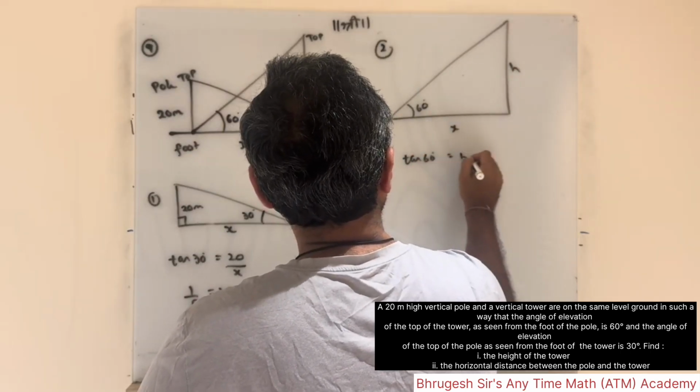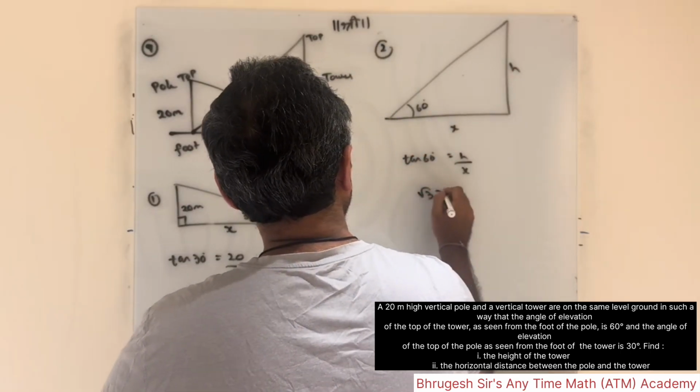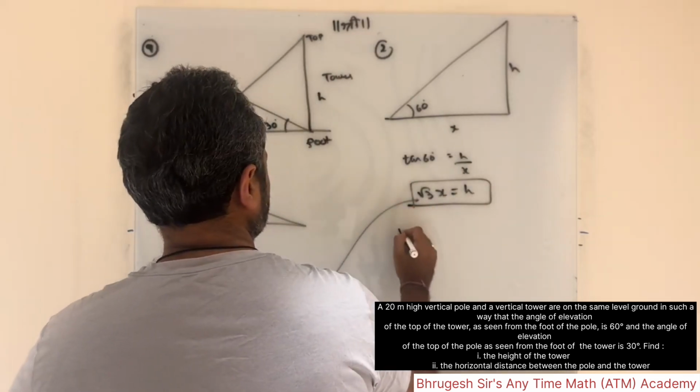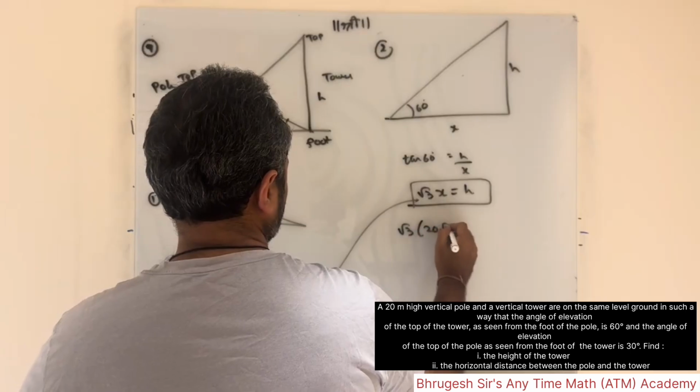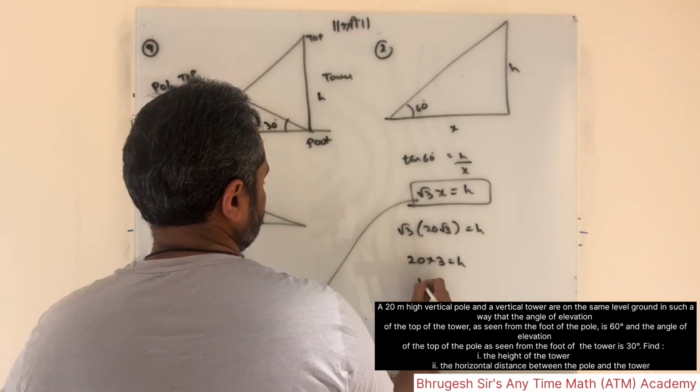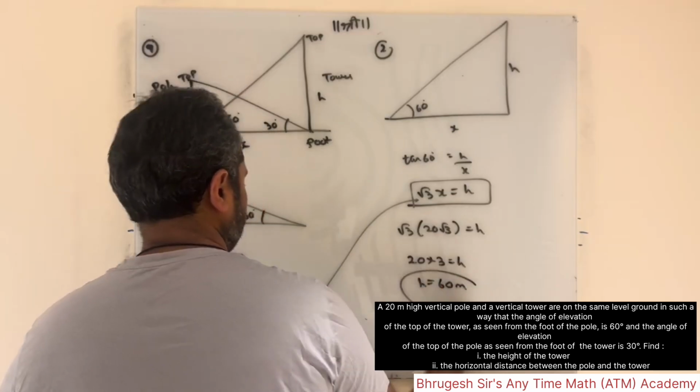Tan of 60 degrees is h upon x. So root 3 x is equal to h. Substitute 20 root 3 in place of x, so 20 root 3 into root 3 is equal to h. 20 into 3 is equal to h. So h is 60 meters.